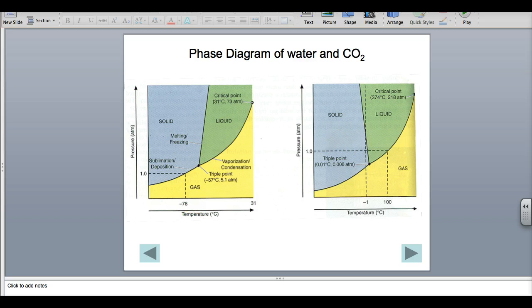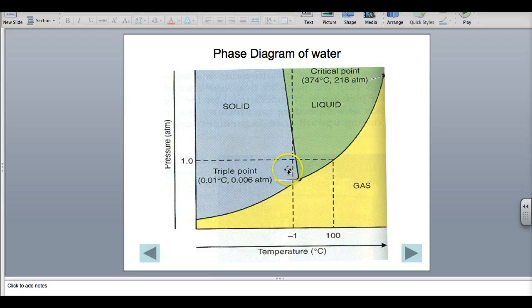Now there's one more point I haven't talked about, and it's called a critical point, and it's right here. We've talked about the triple point, the critical point. It's a pretty unique scenario here. At the critical point, the temperature is so great that a liquid wants to become a gas, but the pressure is also so great that the liquid can't completely be a gas, because the pressure pushing on it makes its density less than that of a gas, about half as much, depending.